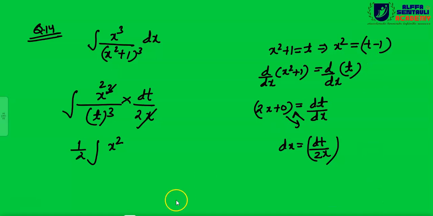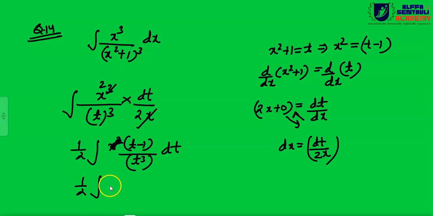Okay. So in place of this x square, let me directly write t minus 1 divided by t cube, and this is equal to dt. Now let us separate this integration. So this will be t divided by t cube minus 1 upon t cube, correct? I can write in this way.